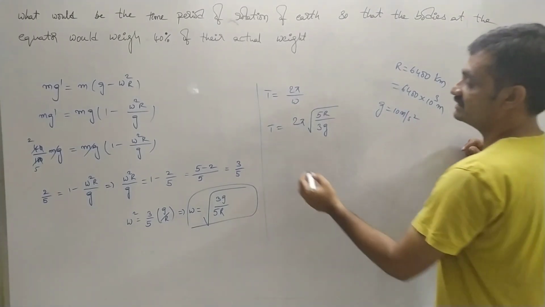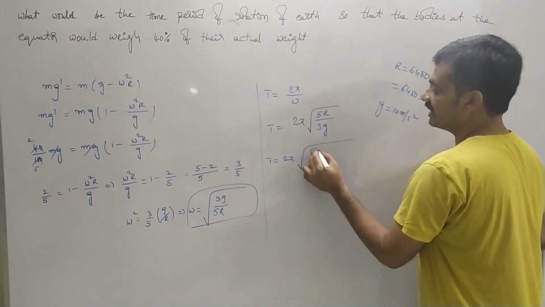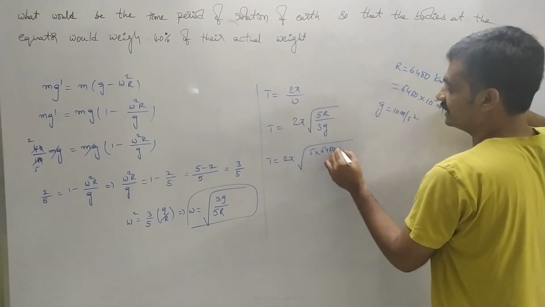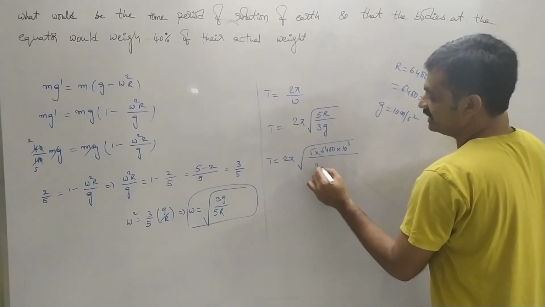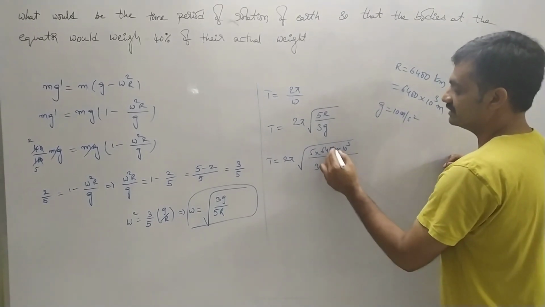As we substitute these values, the time period of rotation is given as 2 pi into under root of 5 into 6400 into 10 to the power of 3 by 3 into 10. Here one 0 gets cancelled.